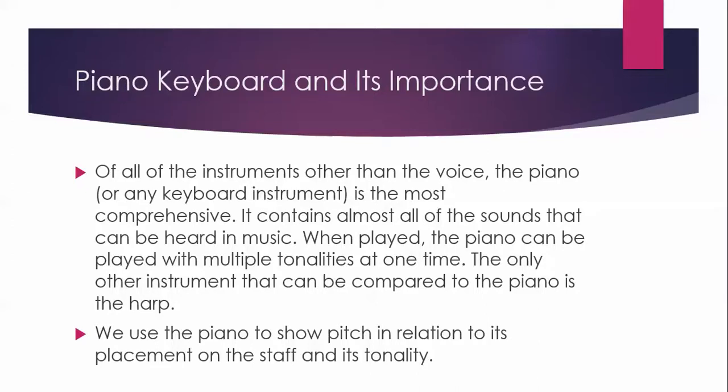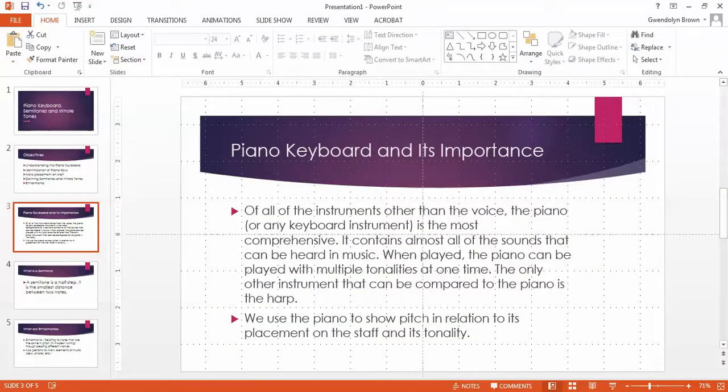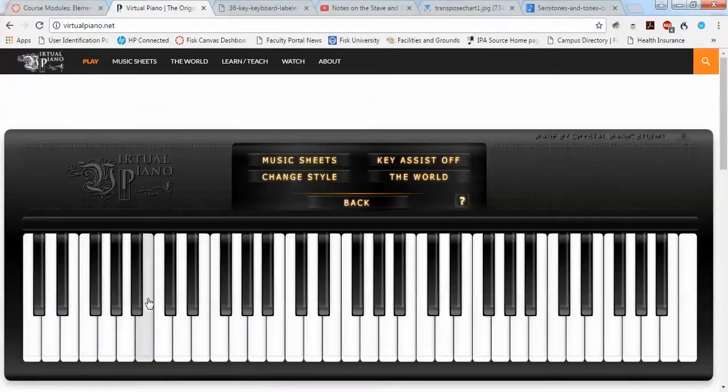All right, I'm going to come off of this slide presentation and go to a specific piano. On the module, you'll see links to these pianos as well. If for some strange reason the link does not pop up the way it should in Canvas, simply copy the link and open it up in your browser.